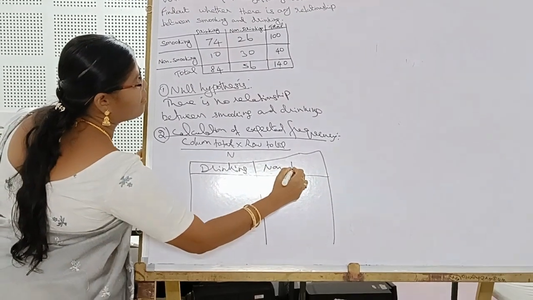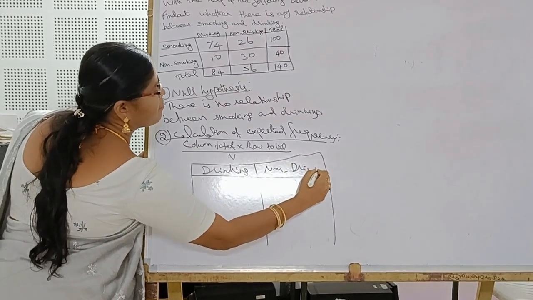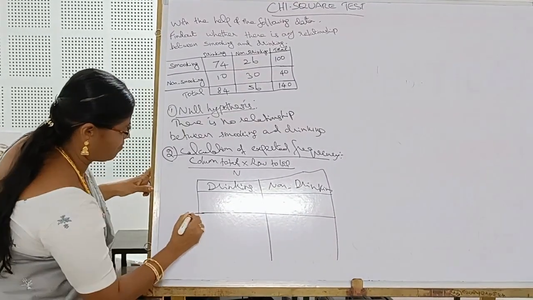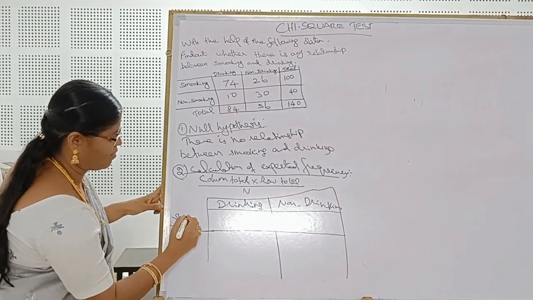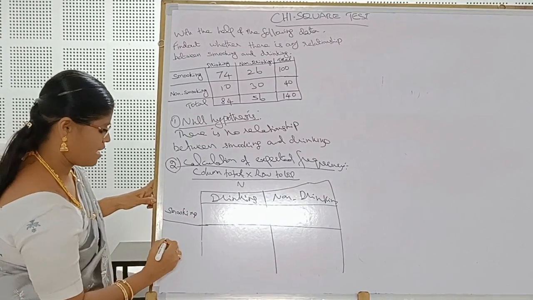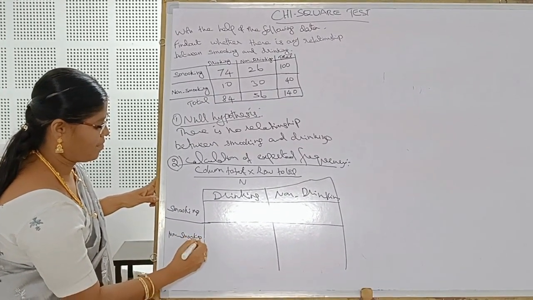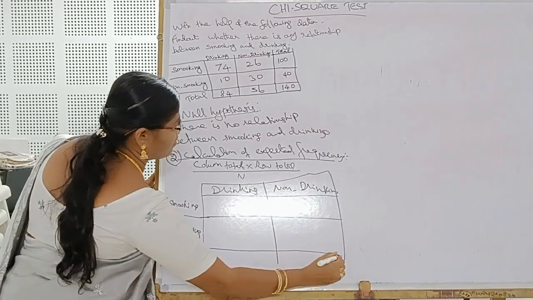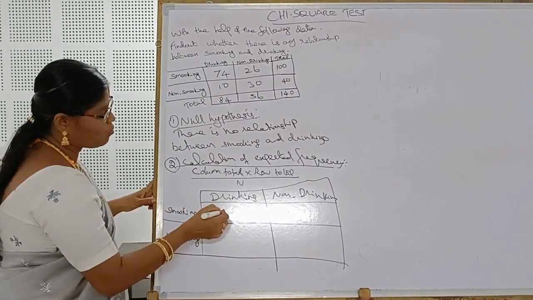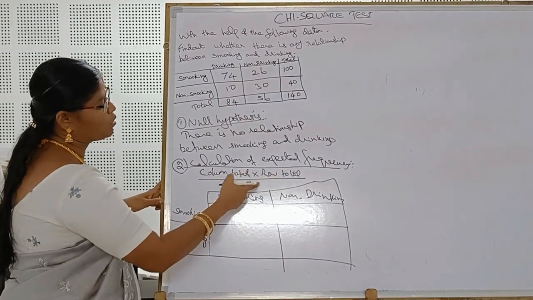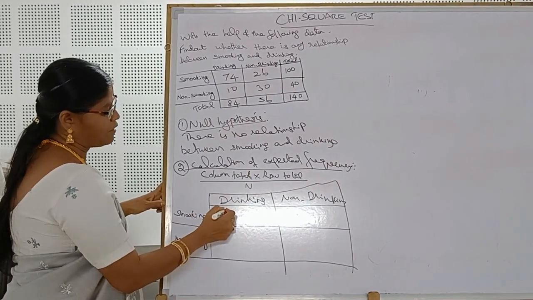Drinking, non-drinking, smoking, non-smoking. The value should be entered by using this formula: column total into row total divided by n. Take the first cell.